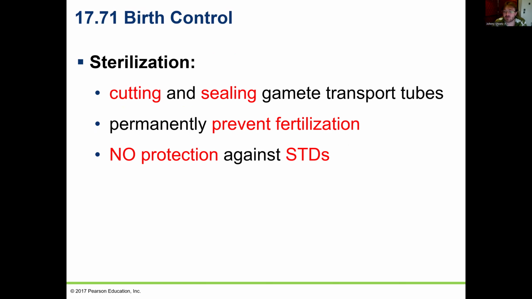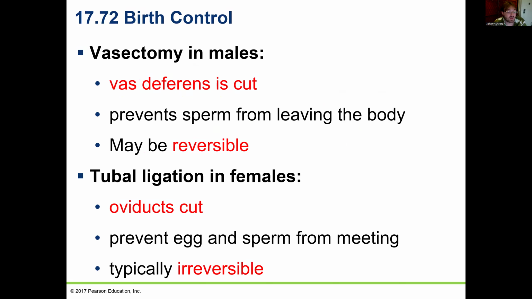There's kind of a rumor that goes around, like even in this presentation, it talks about how it may be reversible, a vasectomy in a male when the vas deferens is cut, preventing sperm from leaving the body. That is true sometimes. In a lot of cases, the pressure inside of the vas deferens starts to build up. Normally, excess fluids would just be released into the urinary bladder, be released in the urine.